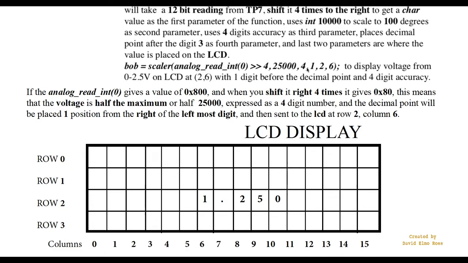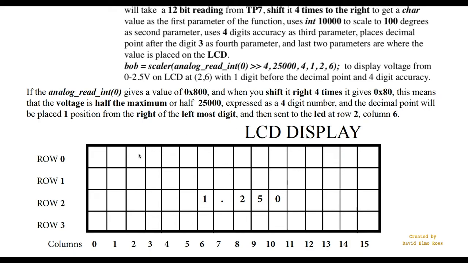And what this is saying is we want a 4-digit display, 1, 2, 3, 4, 4 digits. This is saying where the decimal point is. Now if it was 0, the decimal point would put it at 0.125, but since we put a 1, it's going to be 1.250. If we made this a 2, it would be 12.50, and so on. And the last two digits specify where on the LCD display this number is going to be displayed.